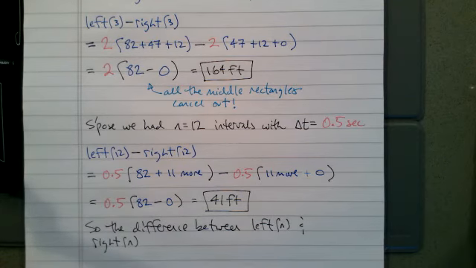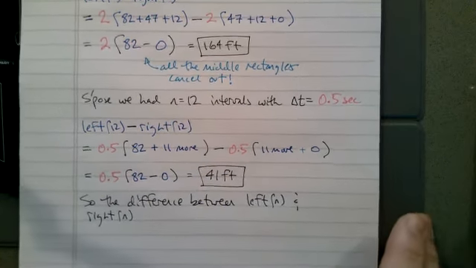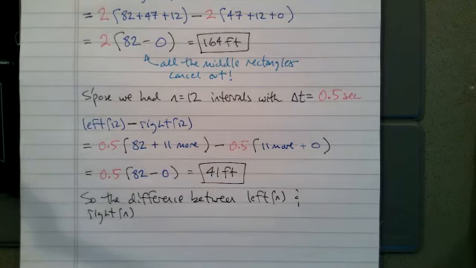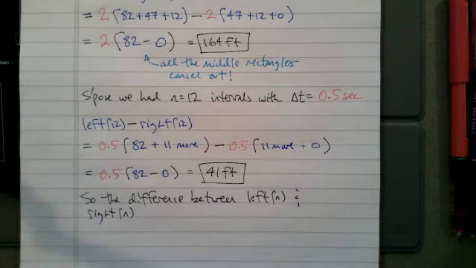It's important to note the difference between left and right, the two approximations that we're using, because that will be how close we could possibly be to the actual value. With only 3 subintervals, we're accurate to within 164 feet, which is not very good. With 12 subintervals, we've dropped that down to 41 feet.